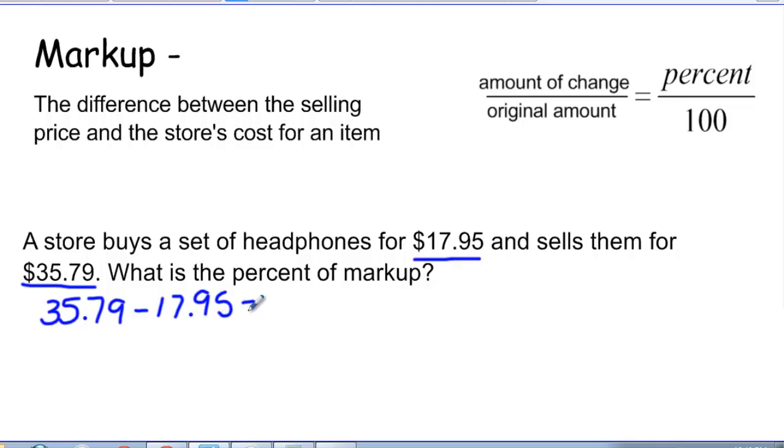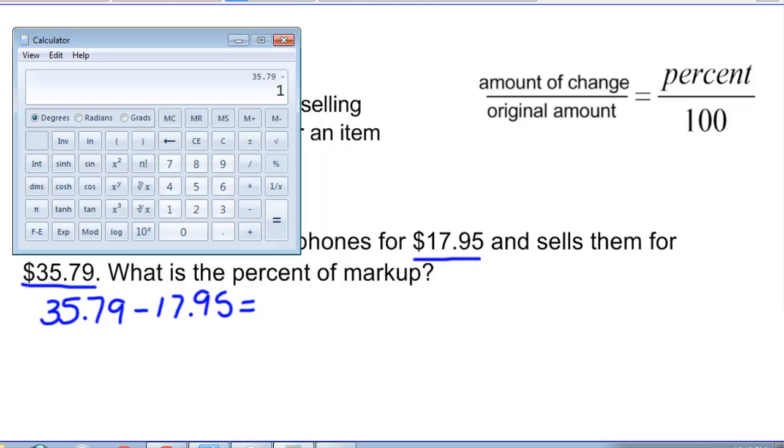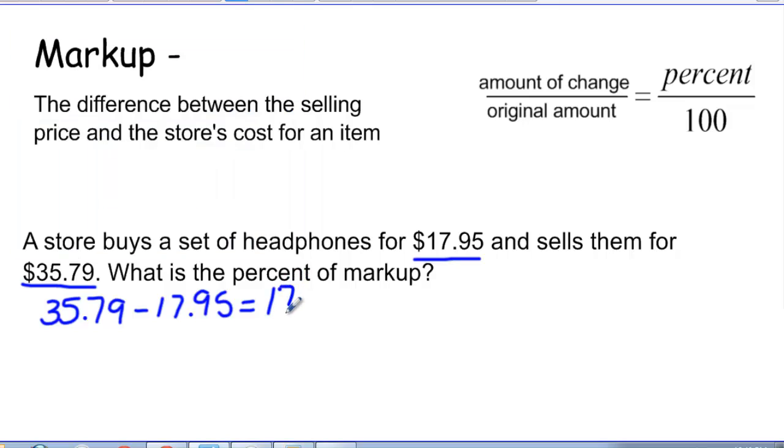That will tell me how much the change was. $35.79 minus 17.95 gives me $17.84. Is how much they added on to the price. So this is my amount of change. It's not like the change you're going to get, but the amount of the change in the price.